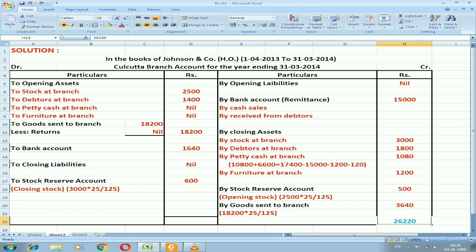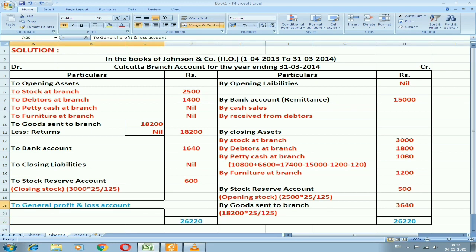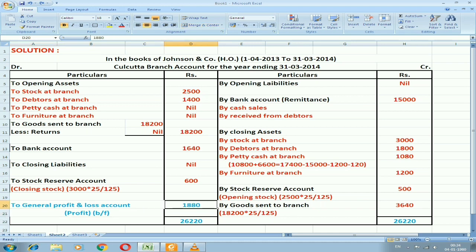The total on credit side is 26,220, which I have entered on debit side, same total. So as you know, general profit and loss account is the balance, that is nothing but profit and balancing figure. And lastly we'll get a balance of 1,880. So this is the balance which will be considered as profit in the name of general profit and loss account.